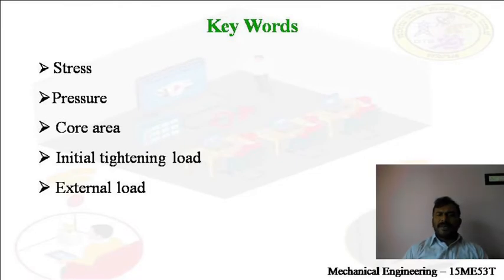Before solving the design problems, you should be familiar with these words because we are going to use them in our further communication. Stress. Stress is nothing but force acting per unit area. That means it is the resistance offered by the material or body against the external load.